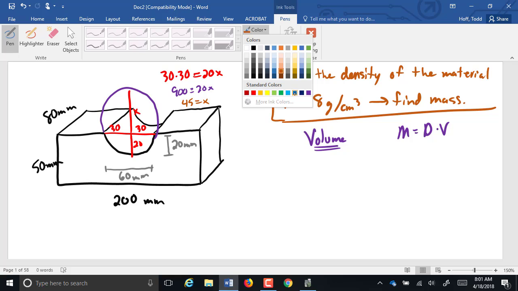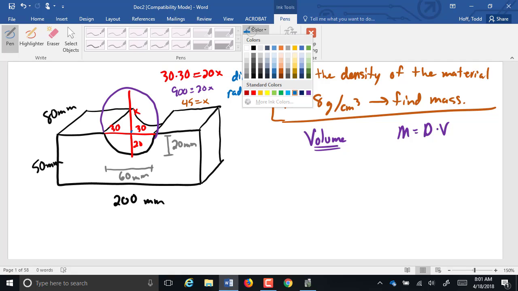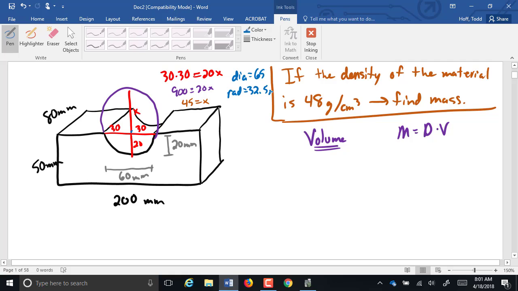Which means for that circle, the diameter is 65. Because 45 to here, you got to add the 20. The radius is 32.5. Of course, that's millimeters.